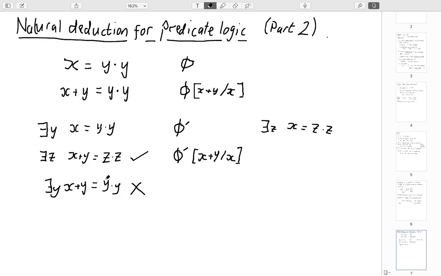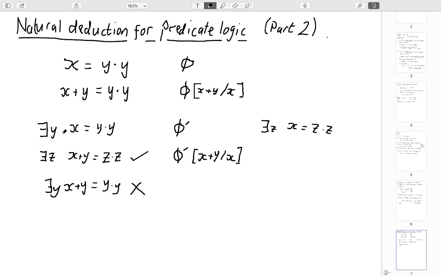The trick in general is that to substitute a term for a variable x, you need to firstly rename any bound variables in the formula so that those bound variables are different from the variable x you're substituting and are also different from any variables that are contained in the term you're substituting.